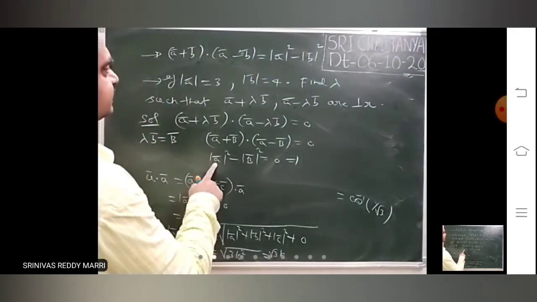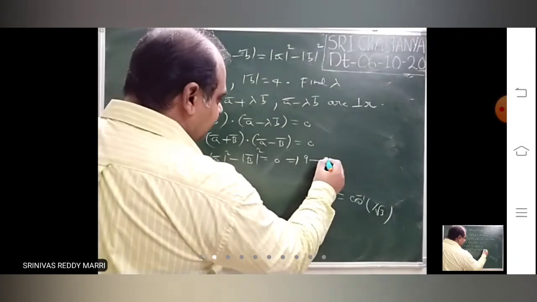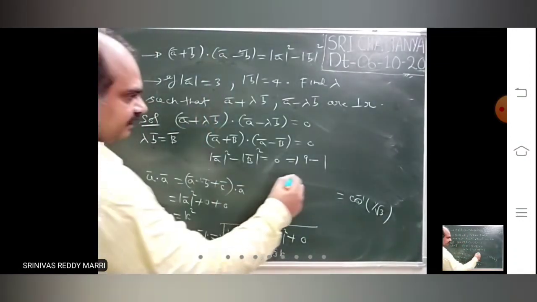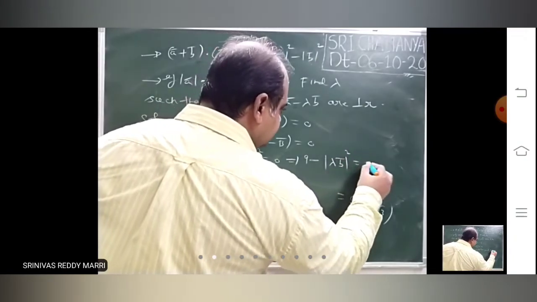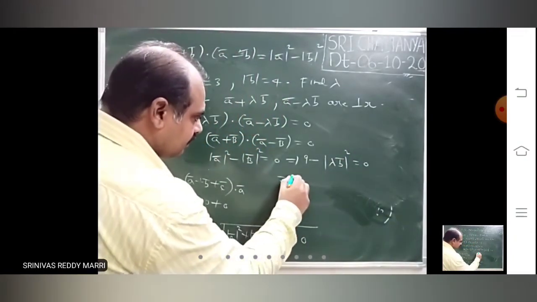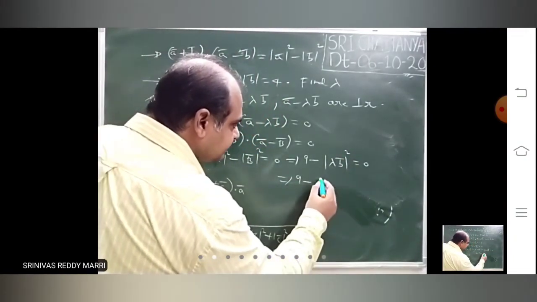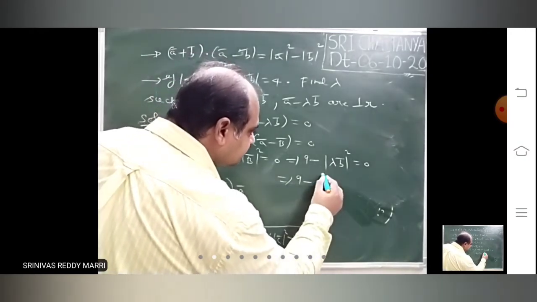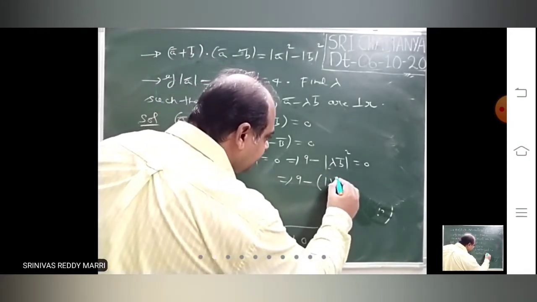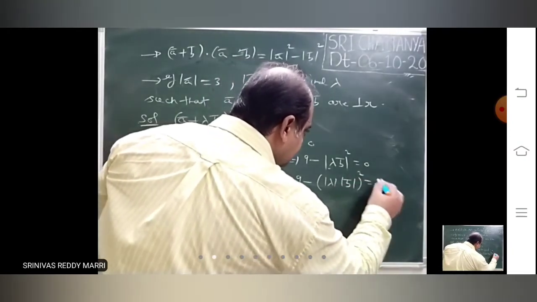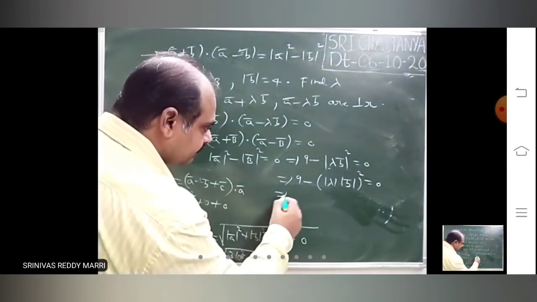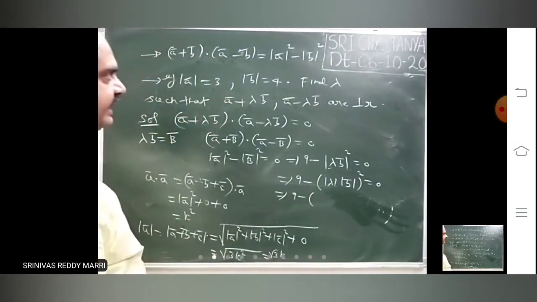Modulus a bar square is 9, minus modulus of lambda b bar squared, equals 0.